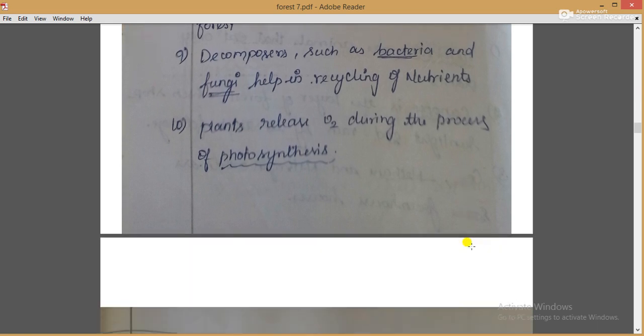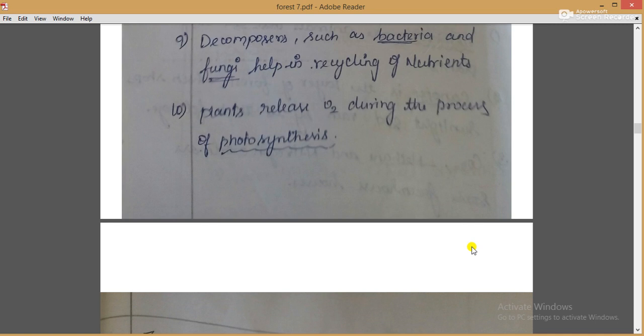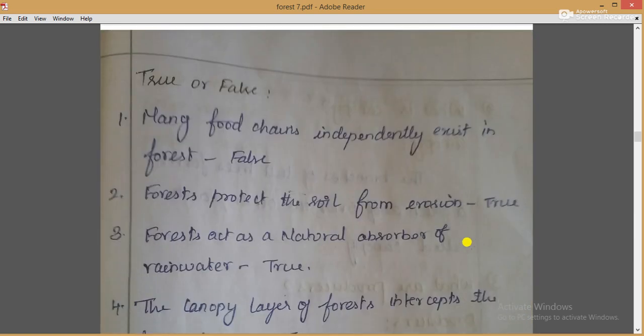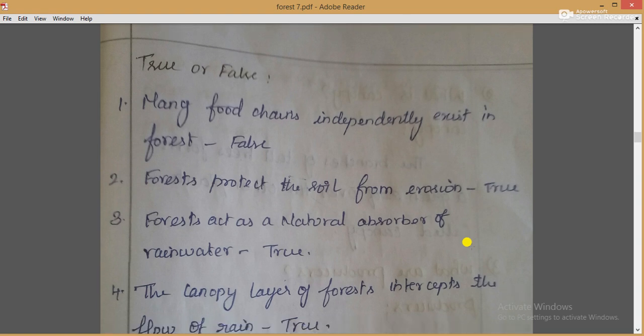Then plants release oxygen during the process of photosynthesis. In the photosynthesis process, plants release oxygen and take in carbon dioxide. Then true or false? Many food chains independently exist in the forest. So the answer is false.